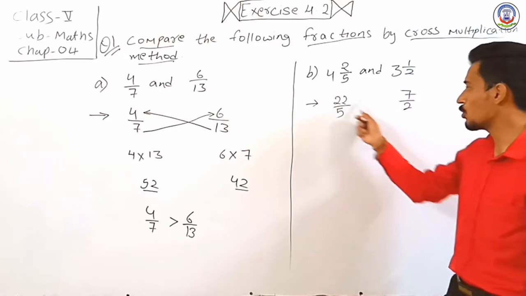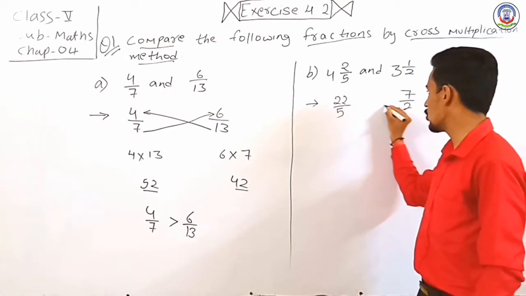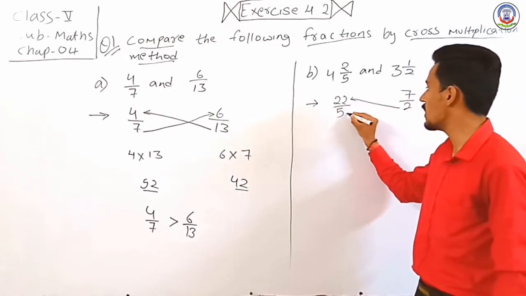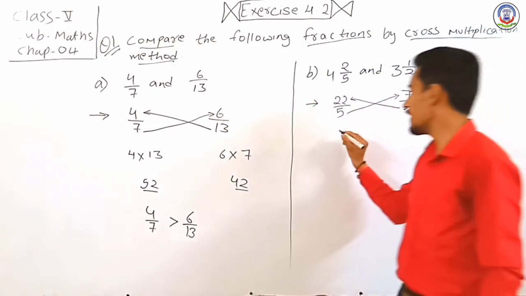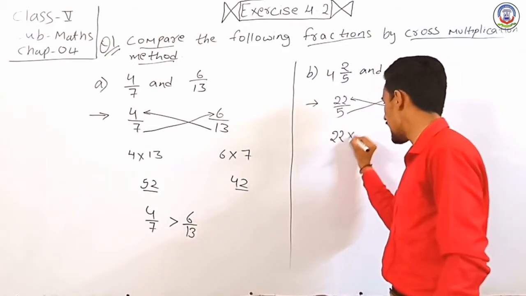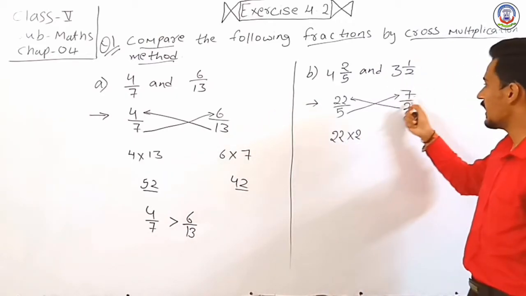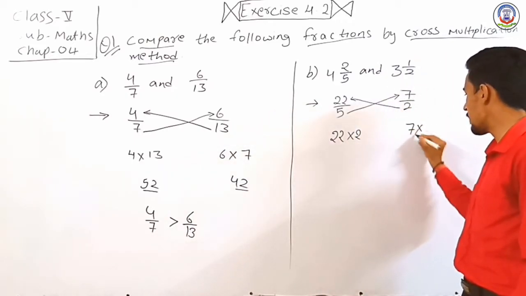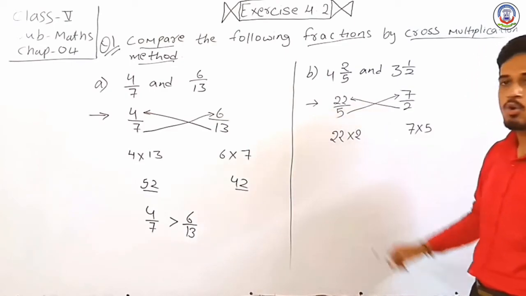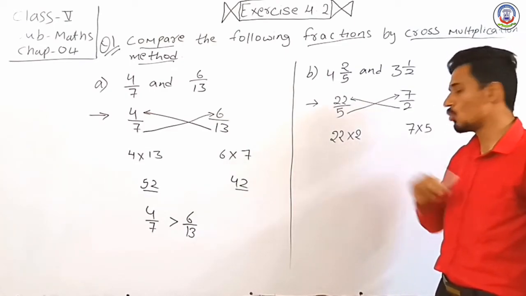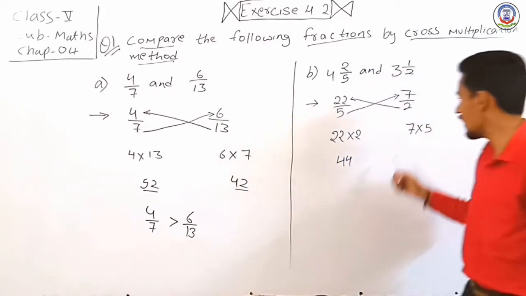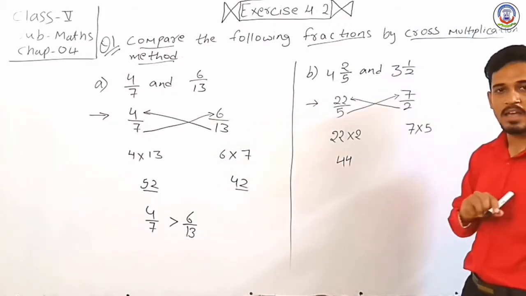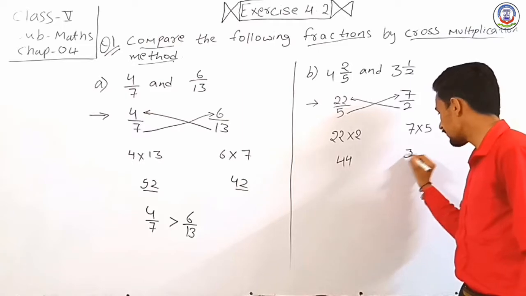Now we have to do cross multiplication. So 2 goes towards the 22 and 5 goes towards the 7. So here we write 22 multiplied by 2 and here 7 multiplied by 5. Now 22 multiplied by 2 is 44 and here 7 multiplied by 5 is 35.